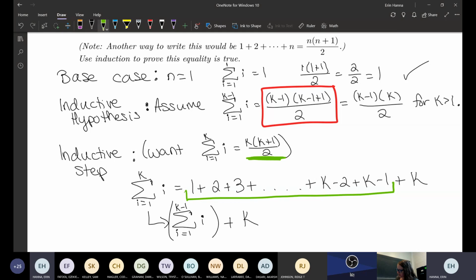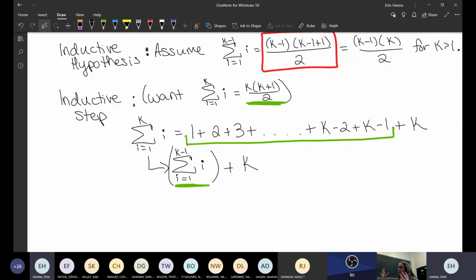If writing it like that makes it easier to see that we can replace that with the red box piece, that might be easier. But essentially what we've done is taken what we want and found the inductive hypothesis inside of it. That's what you're always looking for: the inductive hypothesis showing up somewhere inside the thing you have to prove is true.